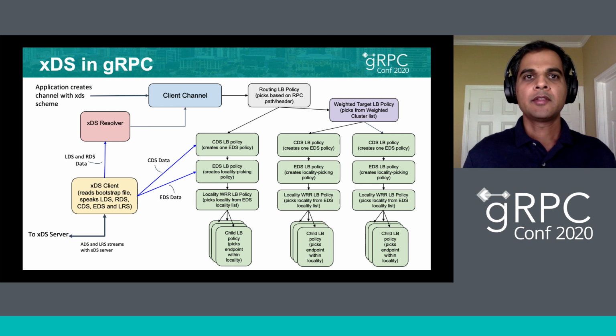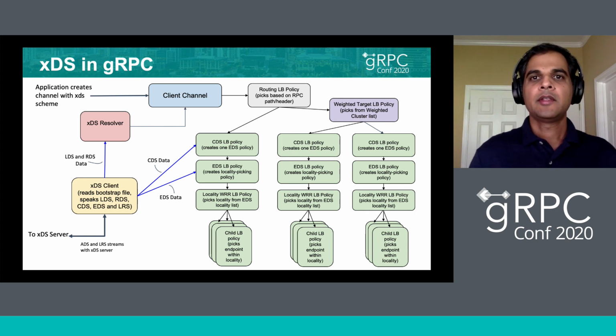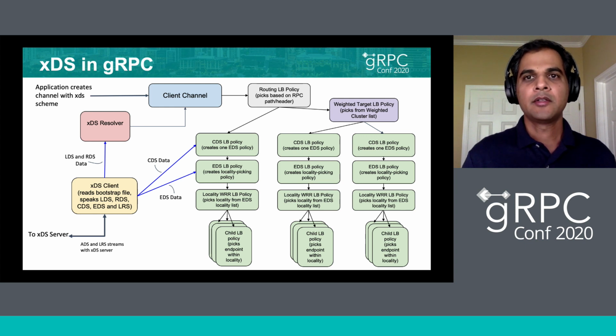So the common XDS client instance is responsible for talking to the XDS server and then giving the discovery service data to the resolver and the load balancing plugins as needed. So the XDS client keeps a bidirectional gRPC stream open with the XDS server so that the server can push configuration and state changes in real time.